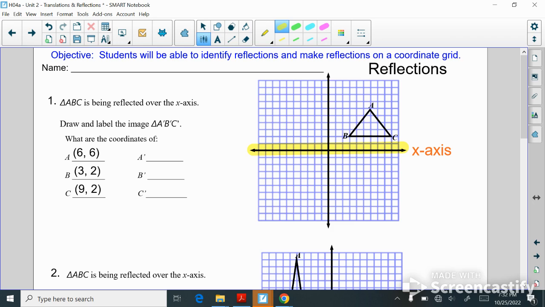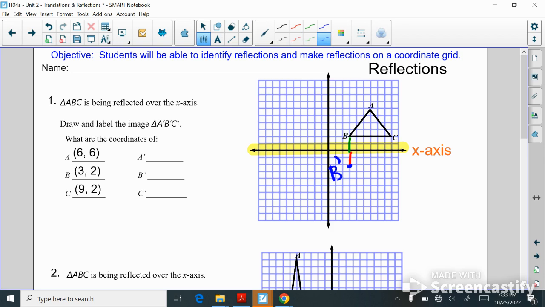And again, we want to make sure that our distance from each point to that x-axis is the same on the opposite side. So, for example, B, I can see is 2 away from the x-axis, which means on the opposite side of the x-axis, it also needs to be 2 away, making my point right here B prime.